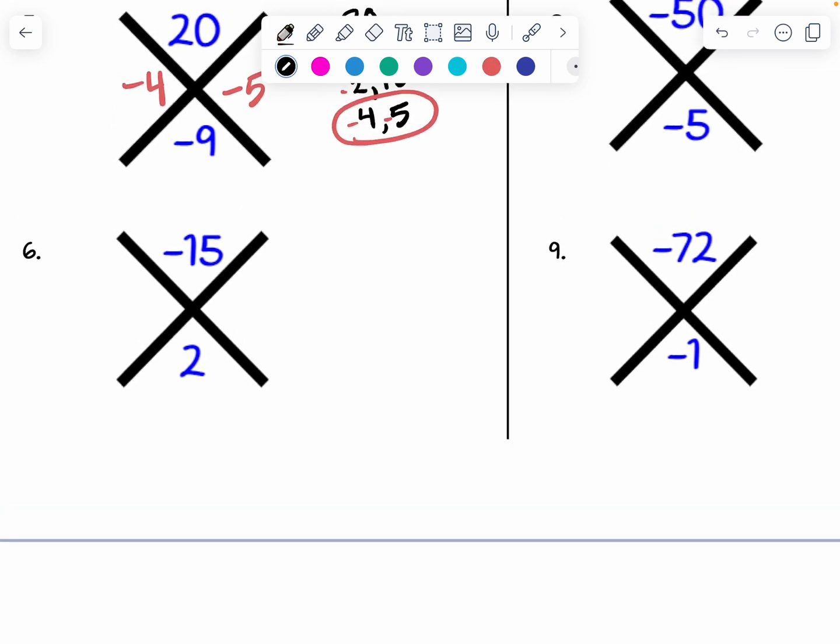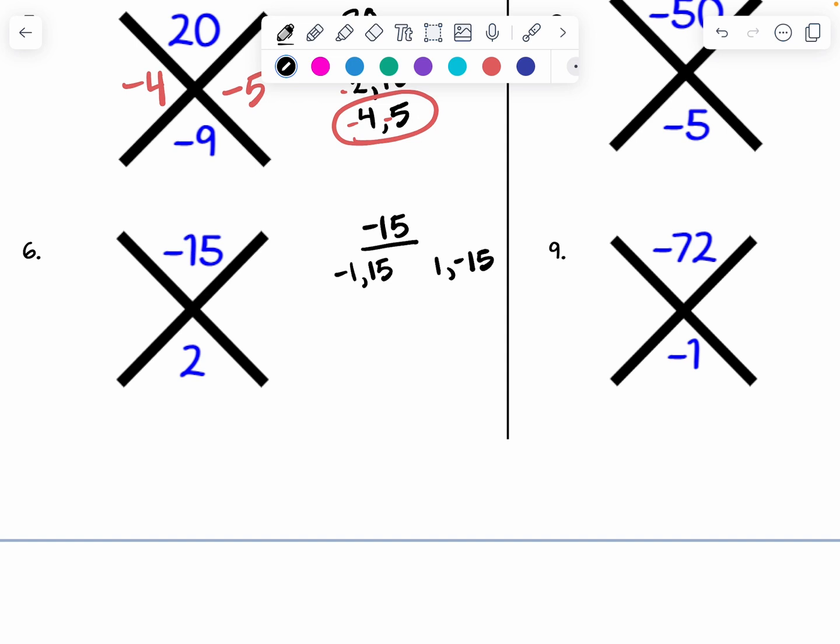Okay, now I have a top number that's negative. So that means that one of them in each pair will be positive and one in each pair will be negative. So I'm going to make 2 lists here for negative 15. I have to list all of the pairs where one is negative, and I'm going to list it on the other side where the other one's negative. So for 1 and 15, I'll write negative 1 and positive 15. And then I'm going to write positive 1 and negative 15, because both of those options would multiply to negative 15.